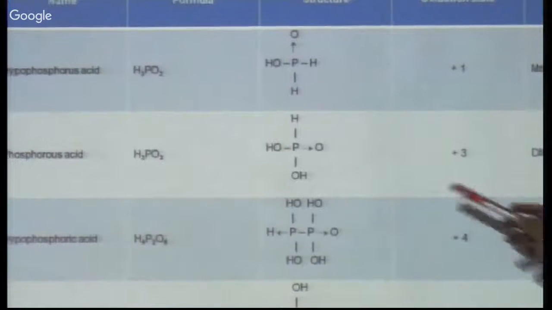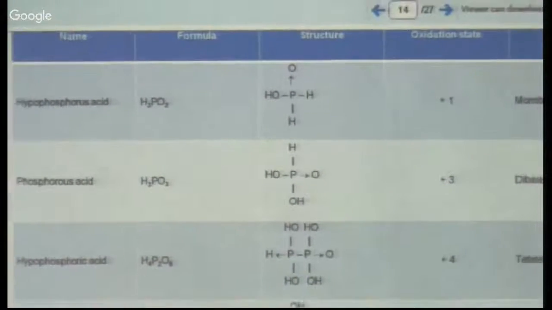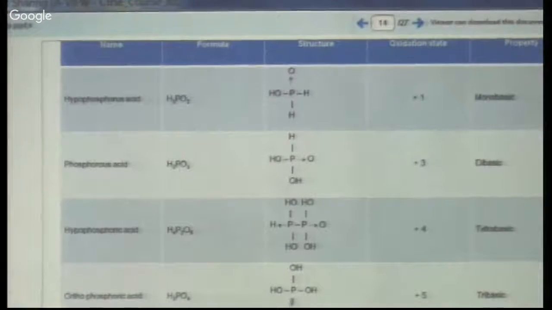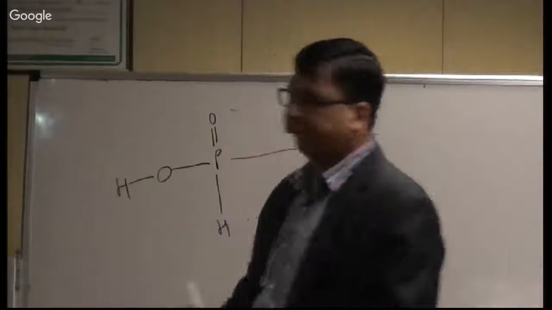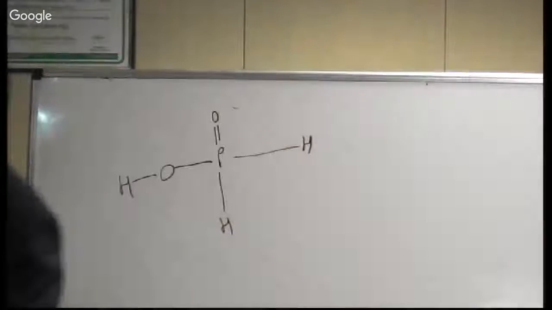What is the oxidation state of this phosphorus? A single line represents a single bond, and this line represents a double bond. The structure is like this: P double bond O, OH, H, H. Plus 1.